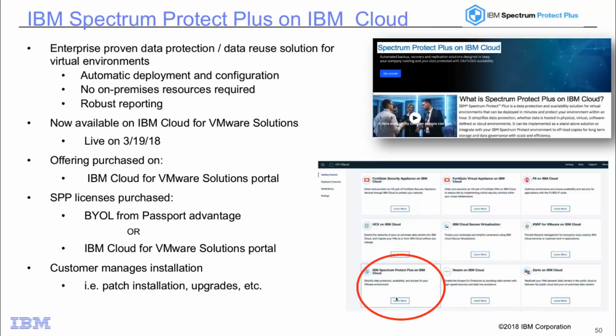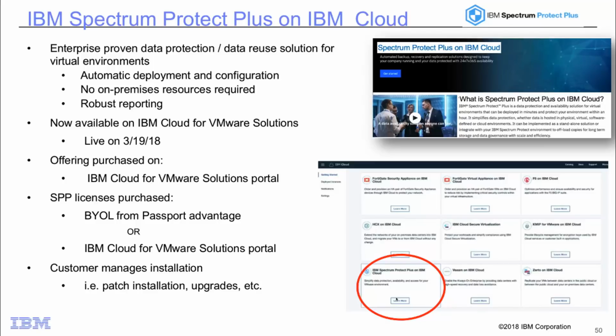And then finally, in addition to an on-site, on-premises deployment of Spectrum Protect Plus, we have now added an offering of Spectrum Protect Plus on the IBM Cloud. So if you're running your VMware environment on the IBM Cloud and want to use Spectrum Protect Plus to protect it, you can do that.